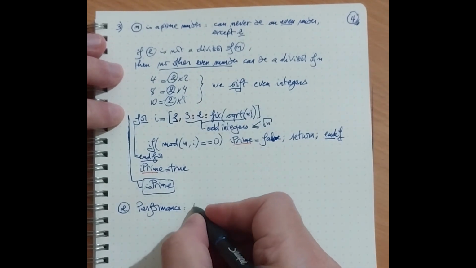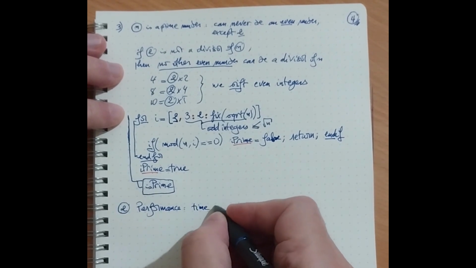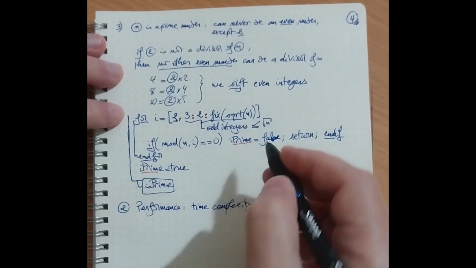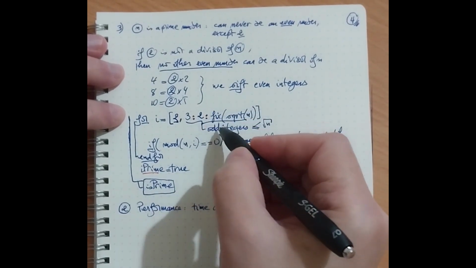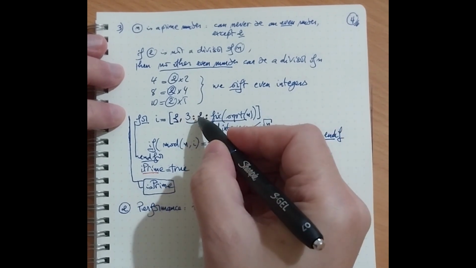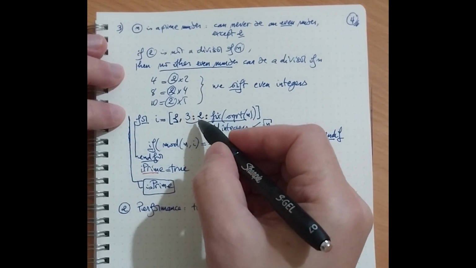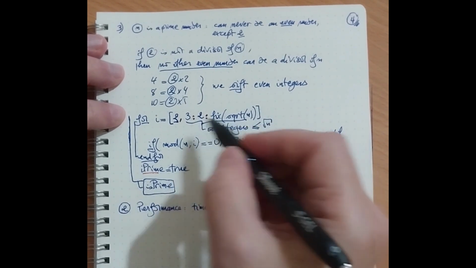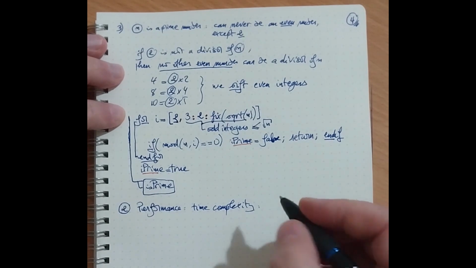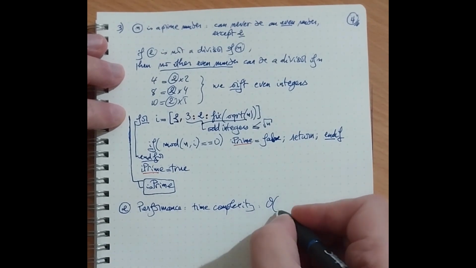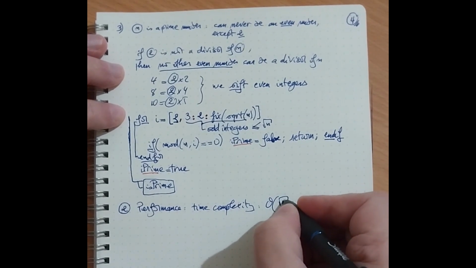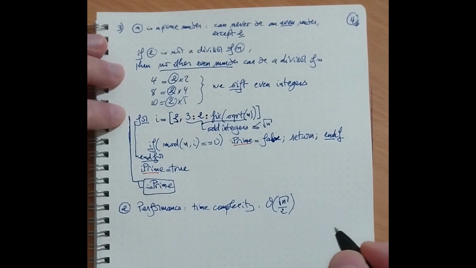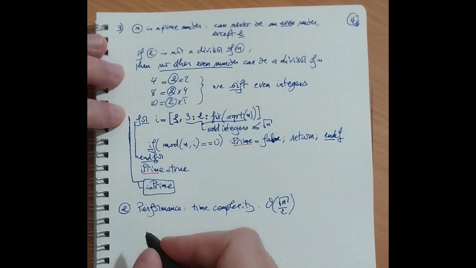So the time complexity is of the order of square root of n divided by 2, because we sift even numbers. We check only odd integers, with the exception, of course, of 2. So it is of the order of square root of n over 2, which is really fast.